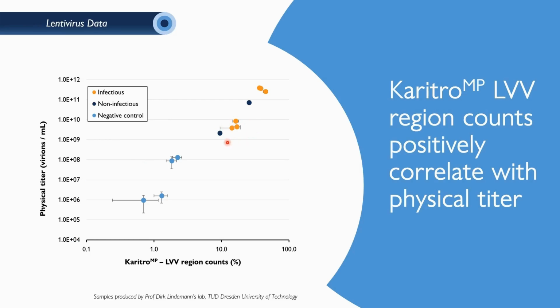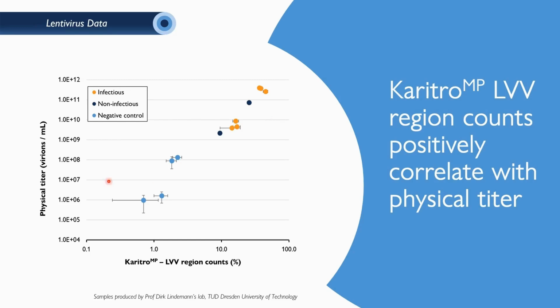And we observe a very nice positive correlation between the two methods, suggesting that the KaritroMP can be used for a fast physical titer assessment in process in order to quickly take decisions on the next step in process.